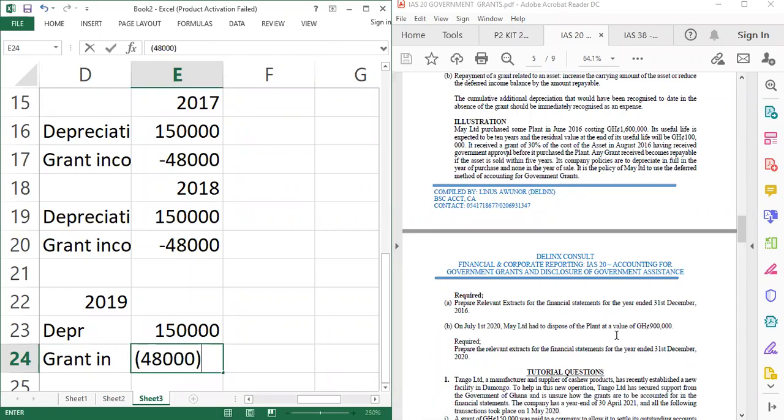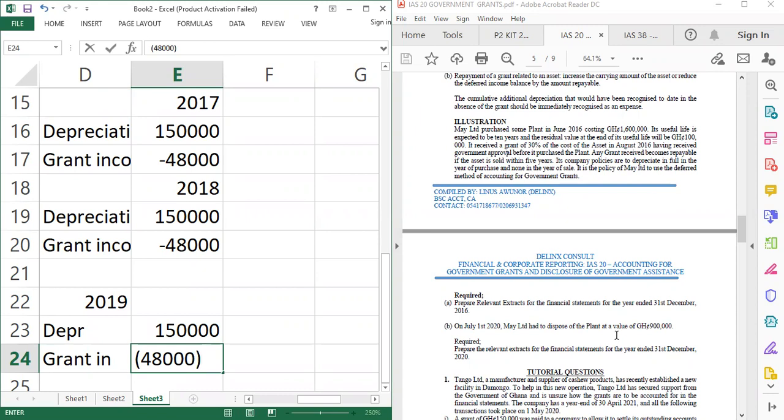But what happens in 2020? No depreciation charge in the year. We sold the assets in July 2020, isn't it? They say if the asset is sold within 5 years, so let's calculate whether we sold the asset after 5 years or within the 5 years.